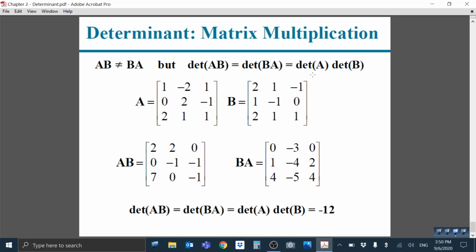So the determinant of A times B is the determinant of A times the determinant of B. Here you have an example, two matrices. You have products AB and BA, so there are two different matrices. Compute the determinant for each, and you will end up with minus 12 in each case. This is just an illustration. So the result that we need to remember is that the determinant of the product is the product of determinants.